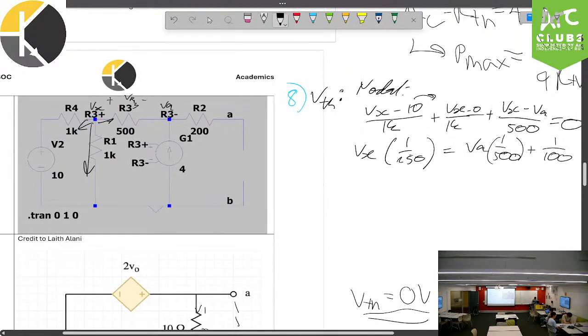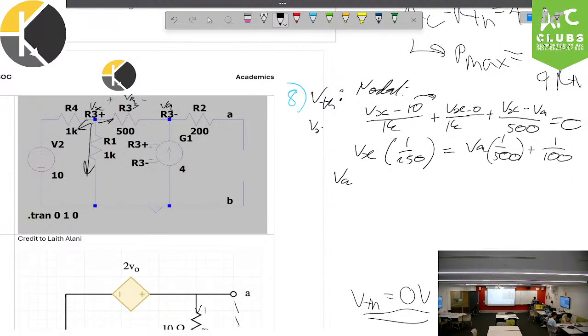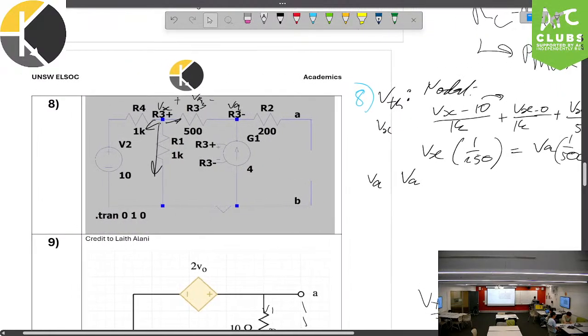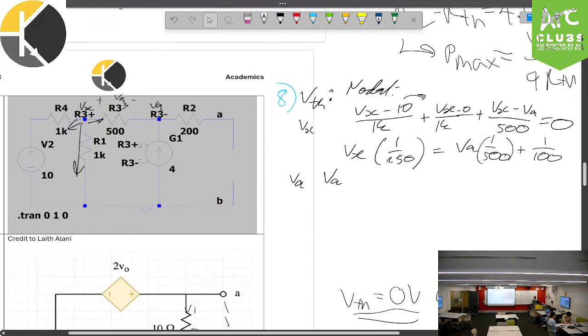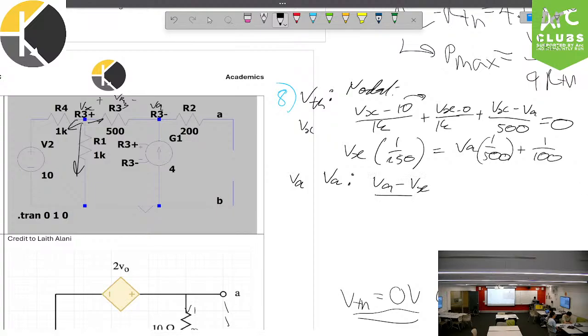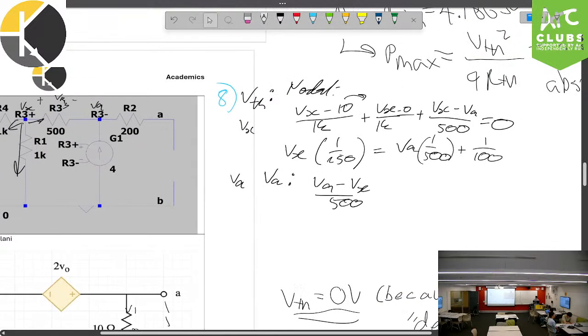Now I need to do equation 2. This was at Vx, now VA. We do the exact same thing. Currents going out is VA minus Vx on 500. The 200 does nothing right now, so no current there.